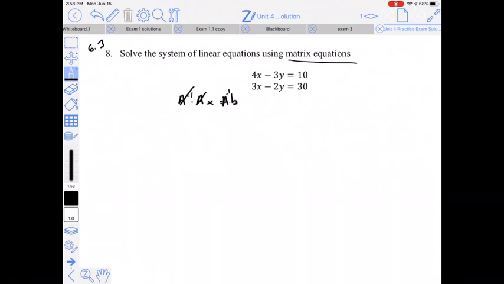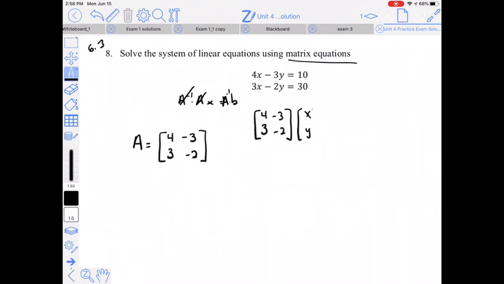Matrix A, remember, is the coefficient matrix, and so what we have then is this matrix equation that looks like this.